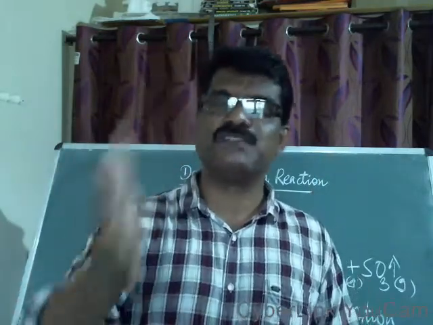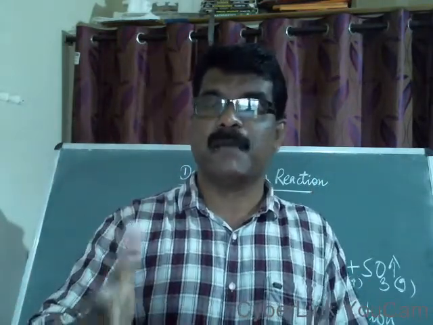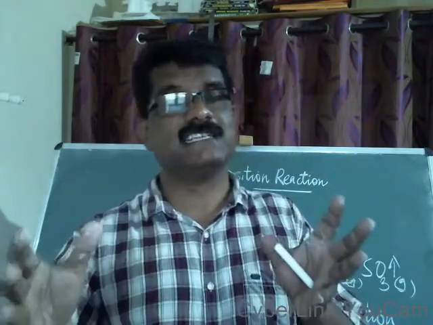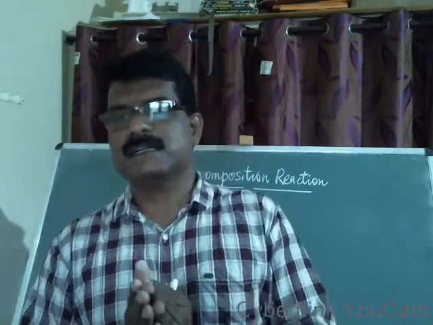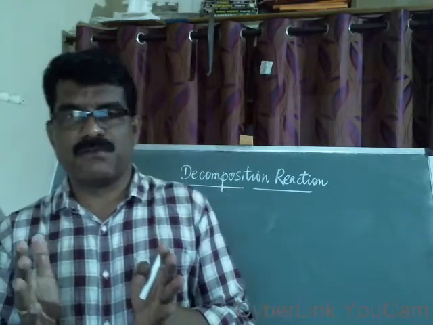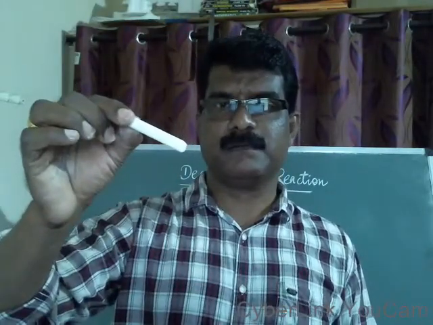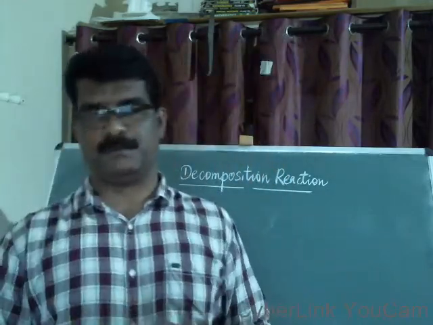And when the decomposition reaction takes place by the application of heat, such a reaction is called thermal decomposition reaction. Another example of decomposition is the decomposition of calcium carbonate, CaCO3. Calcium carbonate, the chalk piece, is also calcium carbonate. Calcium carbonate is otherwise called limestone.